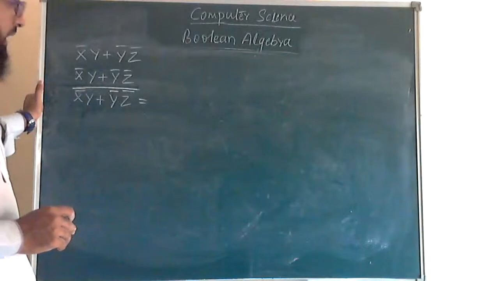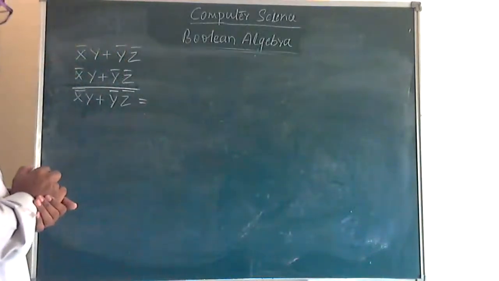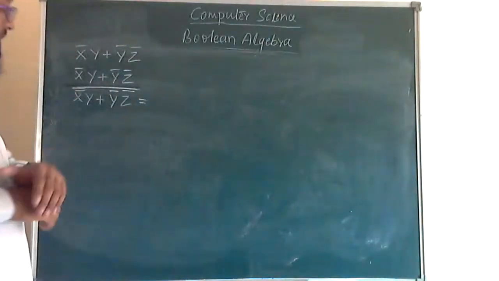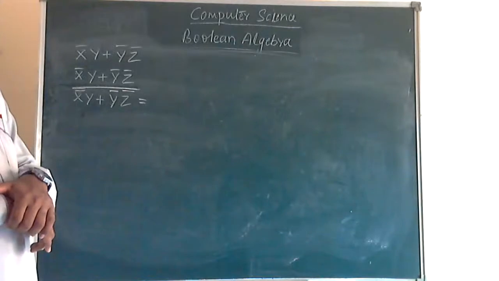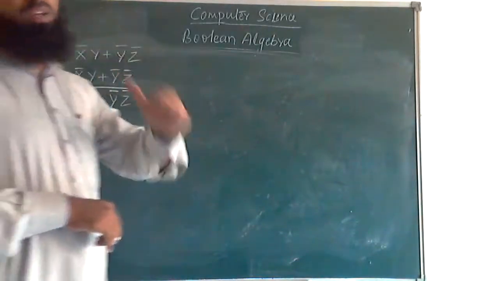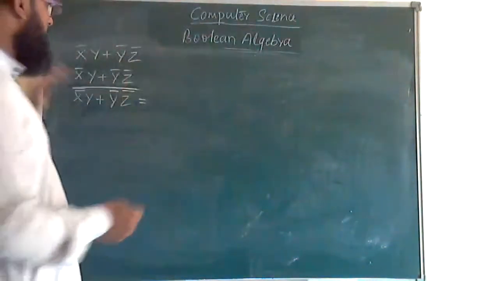We have put a bar for the entire expression. Then what will happen here? According to the involution law, when the complement of a variable is complemented again, we get the same variable.